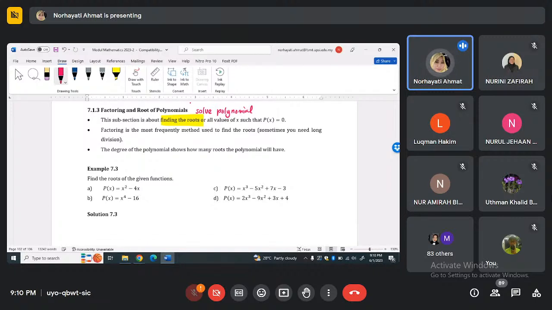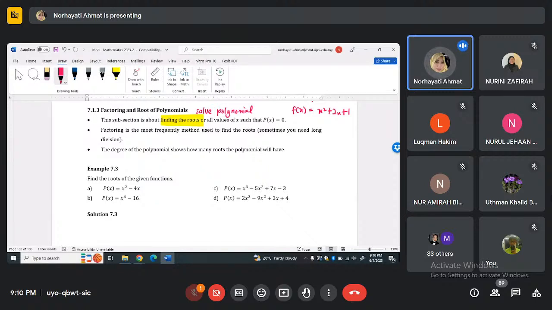Kalau awak ingat lagi, one of the polynomials is quadratic function. We have f(x) equals to x squared plus 2x plus 1. Okay, so how to get the root of this polynomial? By factoring this function, betul tak?